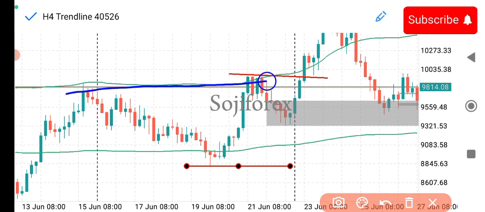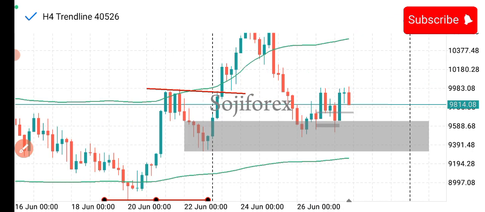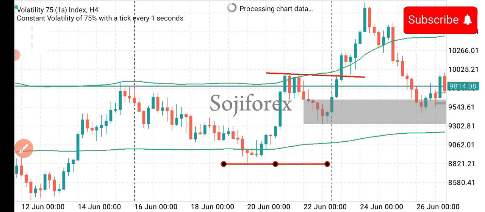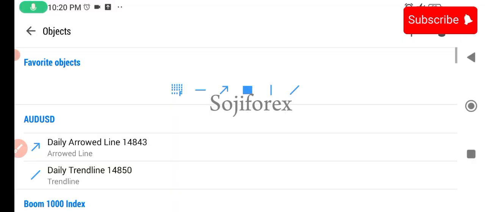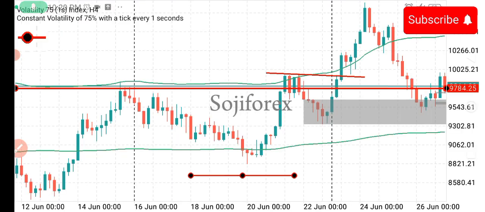And having marked this zone as your resistance, you realize that when price came to this zone, it gave you a second touch which confirmed that yes, this is a resistance. But you see, when price came towards the second time, price broke through that level of resistance which you have marked, or that level of order block which you have marked.